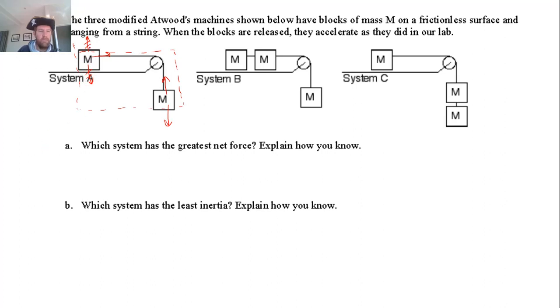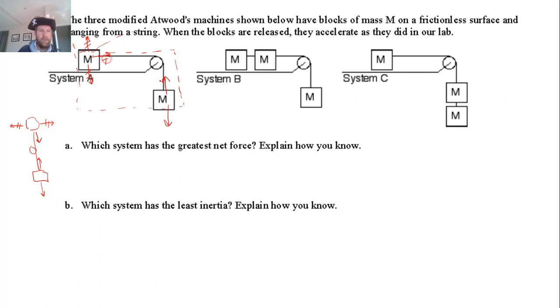You can pull this around and redraw it like this. Here's my pulley. You've still got this one up, you've still got this one there, but now you've rotated this around, so that force that's across is now going down, and these two forces that are cancelling out are like this. And so what you see is they cancel out.